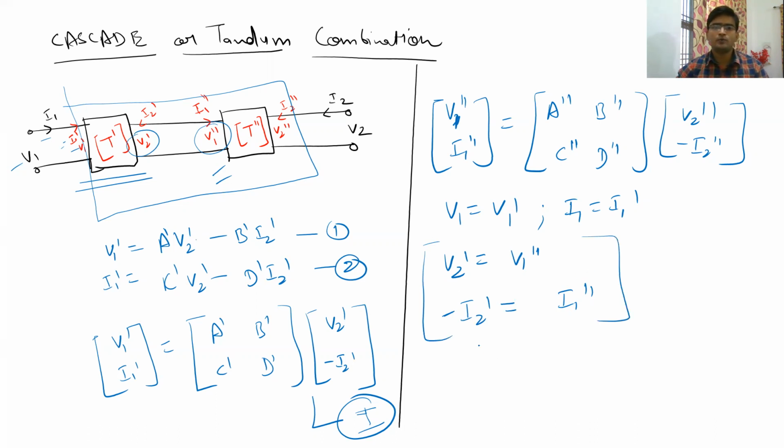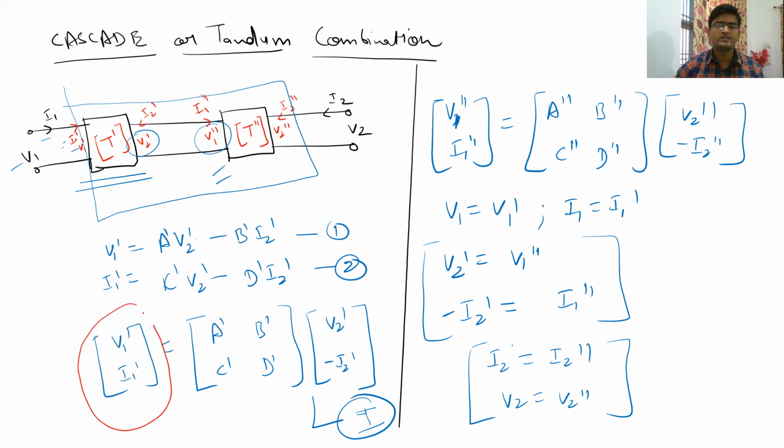And finally at the output side also, you can say that I2 is equal to I2'' and V2 is equal to V2''. So now you can replace V1' and I1' with V1 and I1, because these two are the same.